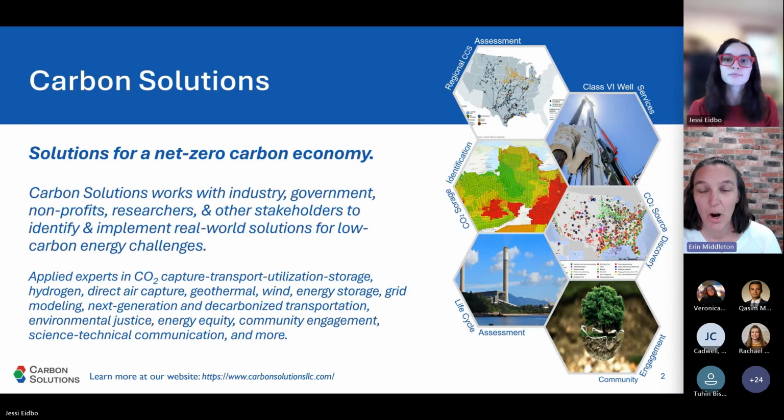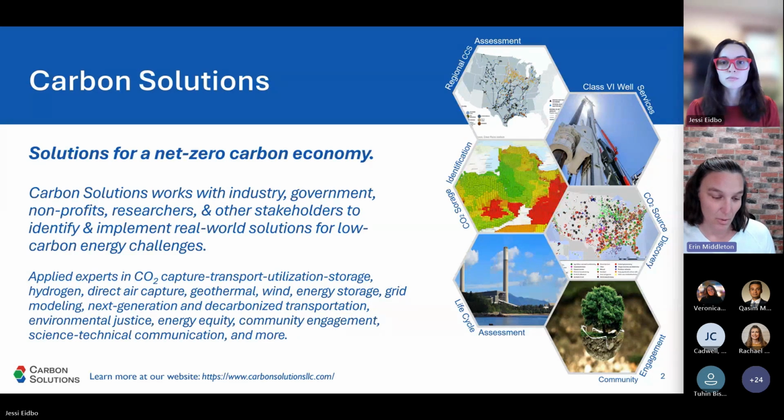A little bit about Carbon Solutions for those of you who may not know about us. Our mission and vision are on this page. We are really looking for solutions for a net zero carbon economy. We are especially interested in bringing the science and research into applied projects. About half of us have PhDs in a variety of things.